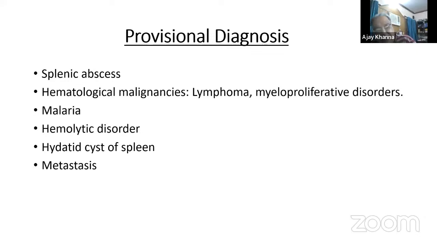Now, your second diagnosis is hematological malignancies. When you suspect hematological malignancies, what things will you look for in the general examination of the patient? So first of all, I would like to look for any sternal tenderness. Good. Then cervical lymphadenopathy or any supraclavicular lymph node.